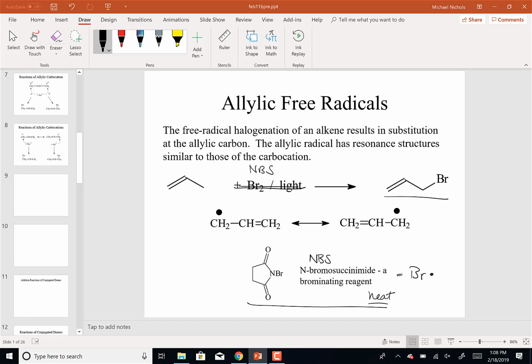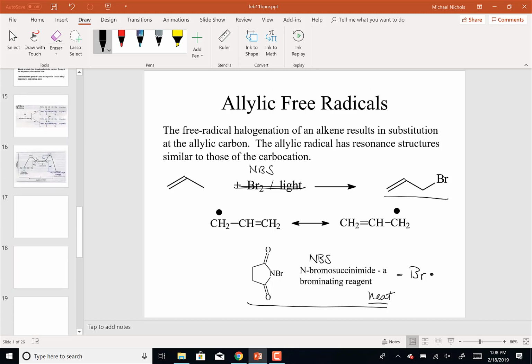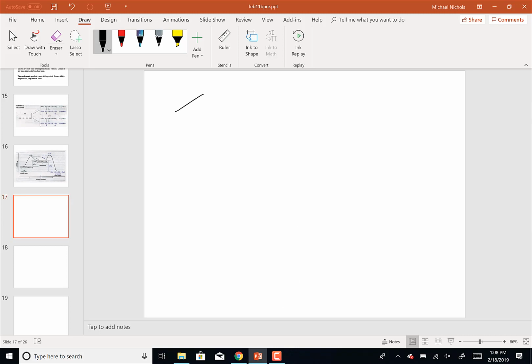Now, allylic carbocations are going to be kind of interesting from the standpoint of their stability. A primary carbocation would normally not be stable. An allylic primary carbocation is. So we could write its resonance structure like this.